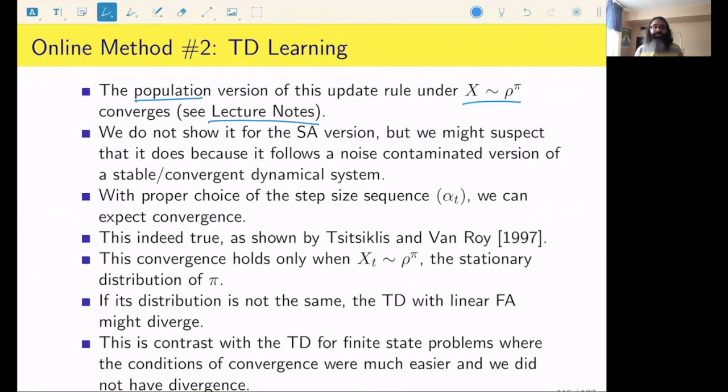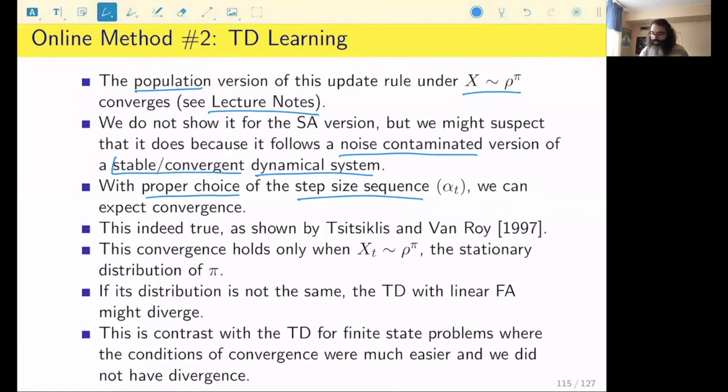We might suspect that it should converge, because it is essentially following a noise-contaminated version of a dynamical system which is stable and convergent. Now we're just adding noise, and adding noise should not change the convergence property very much, especially if we choose the learning rate properly. So with a proper choice of step size sequence, we can expect convergence.